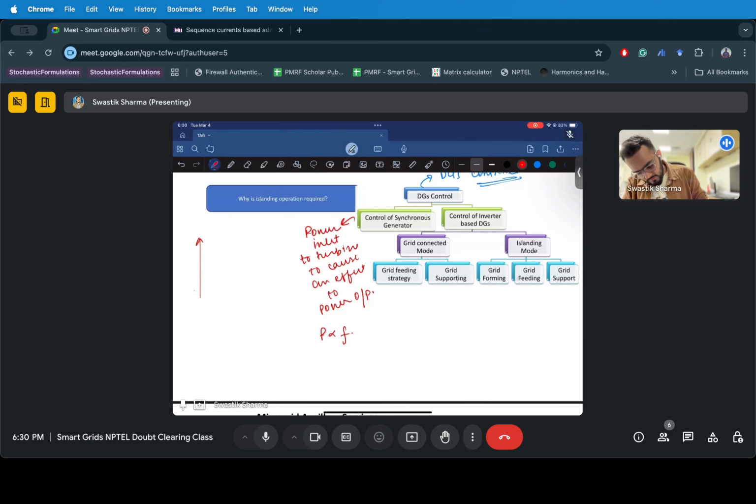This is how it happens. Let's say this axis is frequency and this is P. Synchronous based generators usually have this droop control, in which, for a particular F naught, it's operating at P naught, and let's say some disturbance happened and some loss of load occurred.